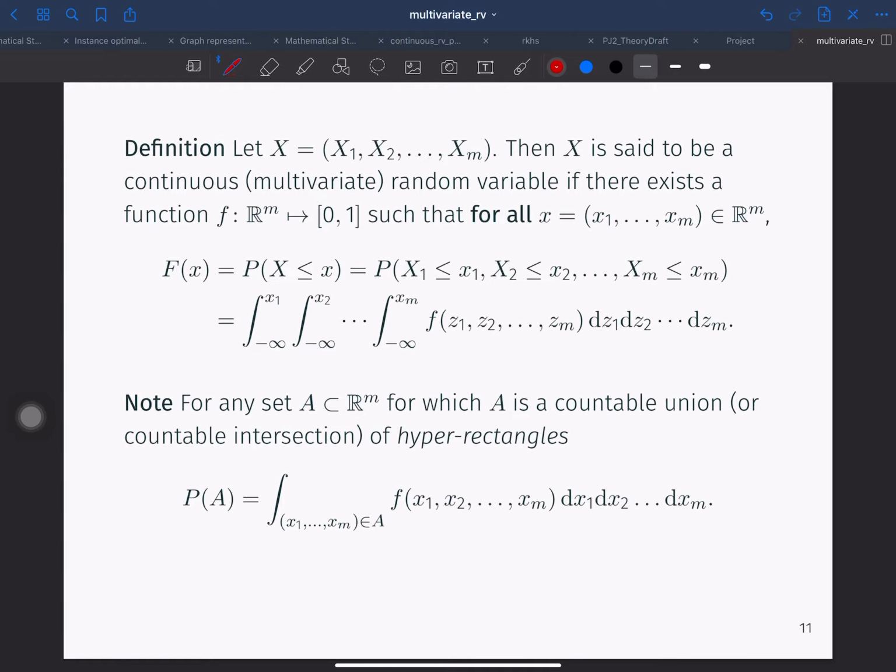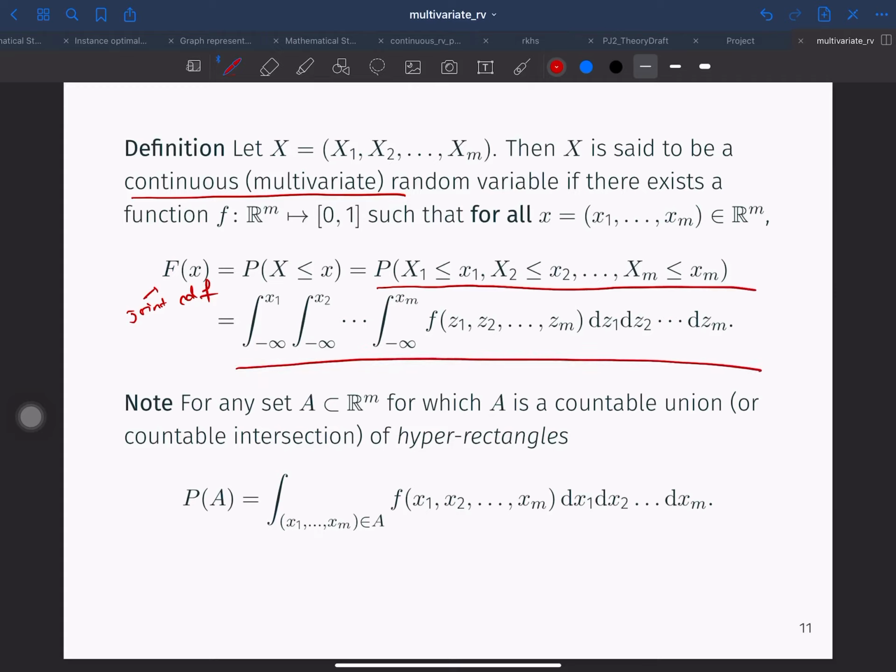In the case of the multivariate continuous, we basically just require that the joint CDF, which is given here, can be written as a multiple integral from negative infinity to x1 for z1, negative infinity to x2 for z2, and all the way to negative infinity to xm for zm.